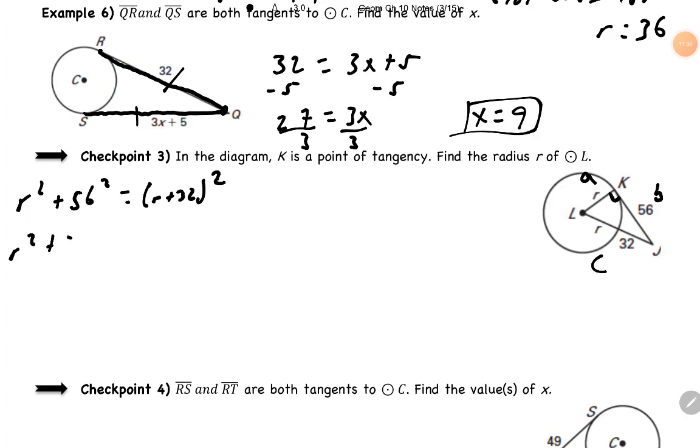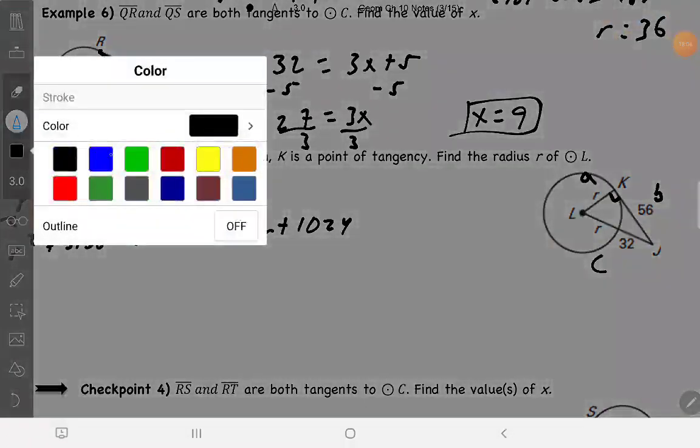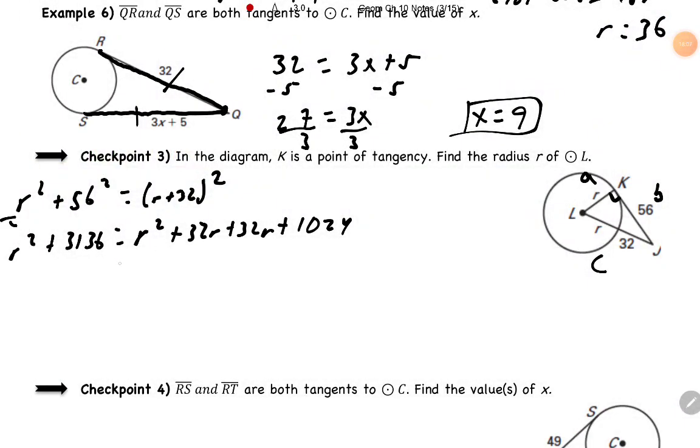Okay, so I'm going to get r squared plus 56 squared, which is 3,136, equals r squared plus 32r plus 32r plus 32 times 32, which is 1,024. Okay, I'm going to do the same thing I did last time. Both sides have r squared on them so we can get rid of them.